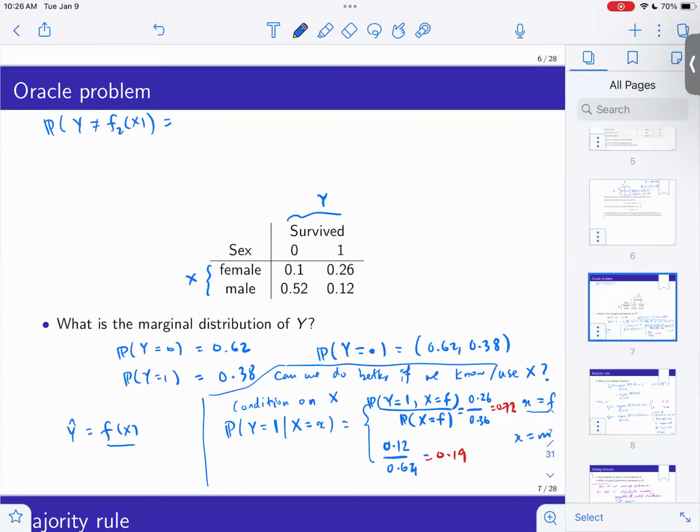Can you say that again? Up to values for females did not survive and males survive. Okay, that's clever.